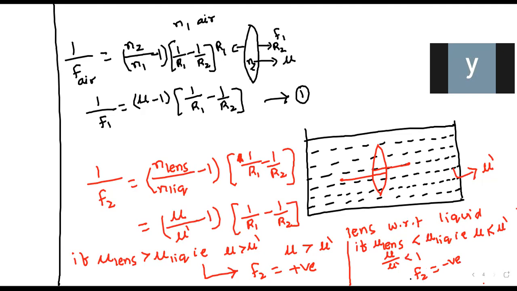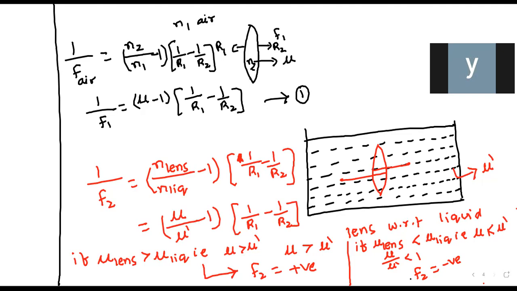So when focal length is negative, I can say that the given lens is acting like a divergent lens.